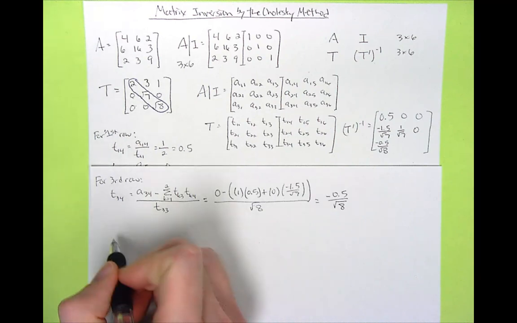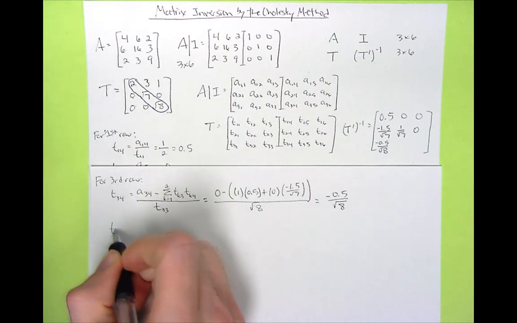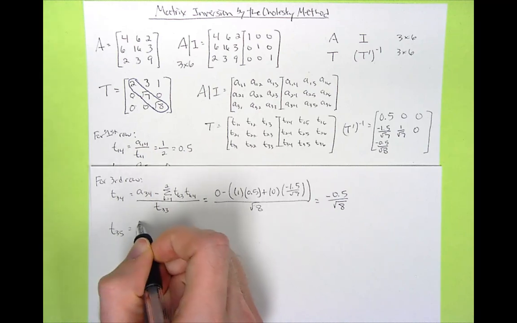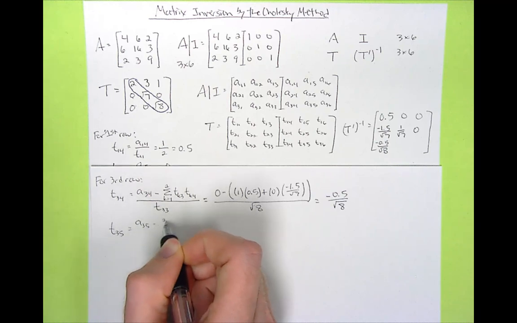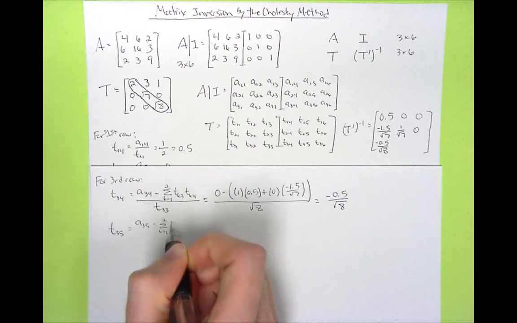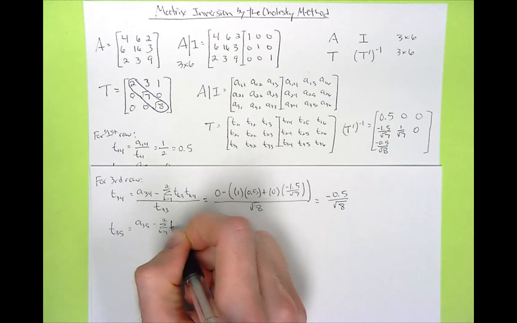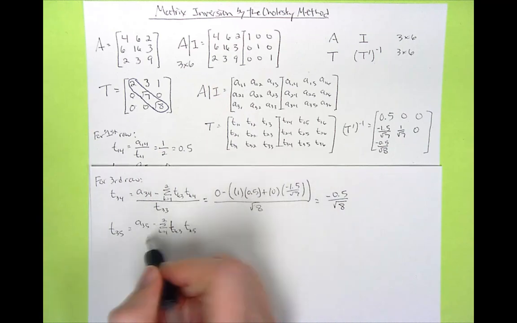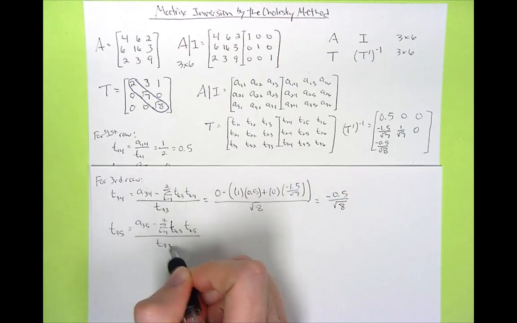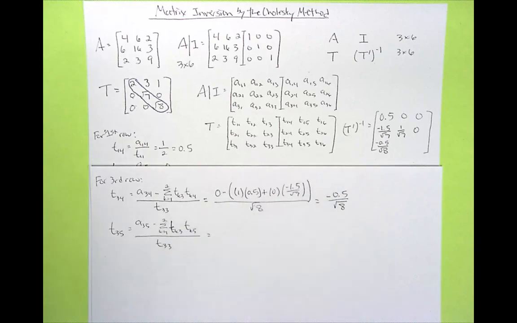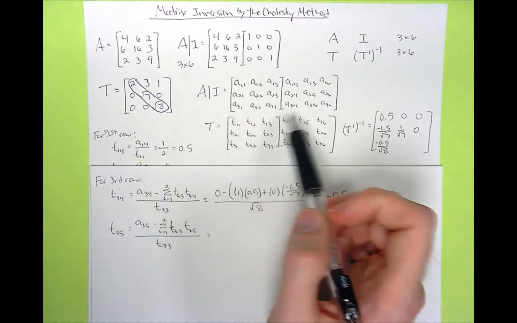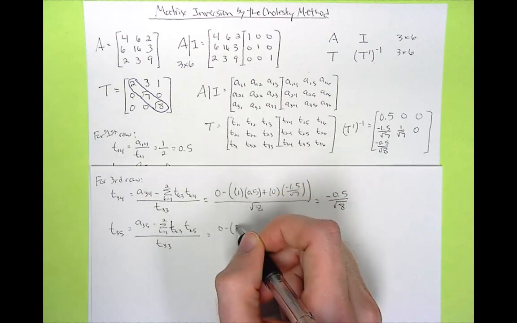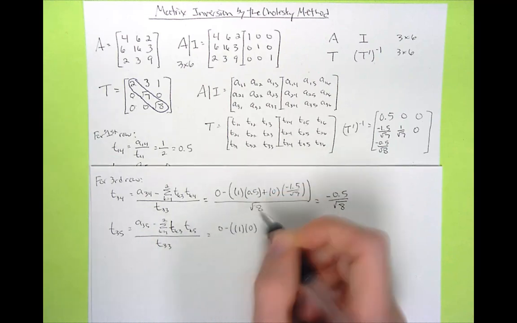Now let's do T35, which is going to be just as long. I'll try to do this a little quicker. That's Tk3, Tk5. So A35 is 0 minus, it's going to be 1, 0.